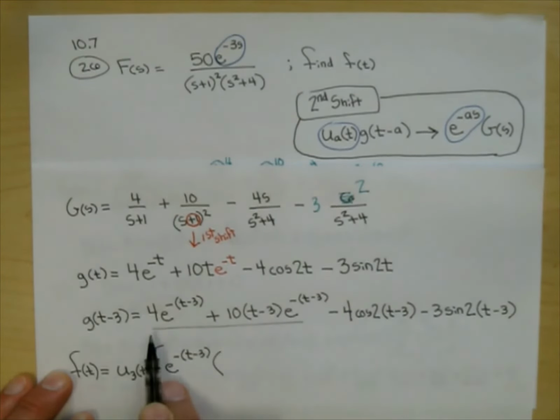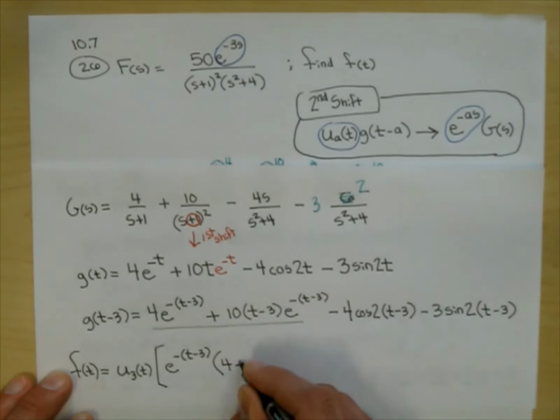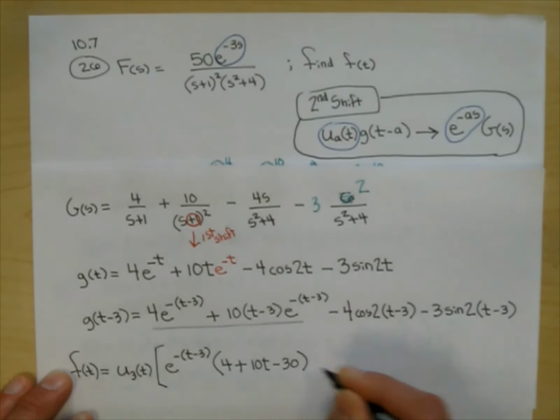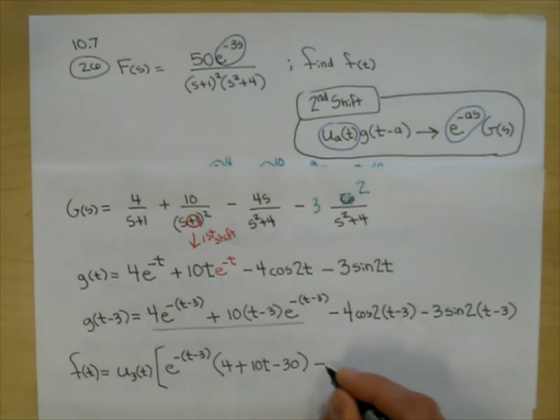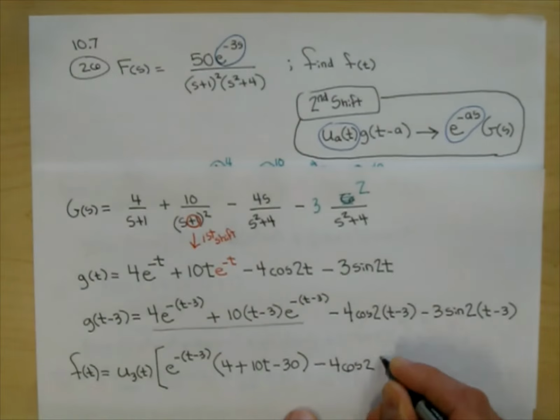And so what do I have left? I have a 4 plus, and then this junk right here, which is 10t minus 30. And then I have that stuff, so I'll just write it down here, minus 4 cosine 2.